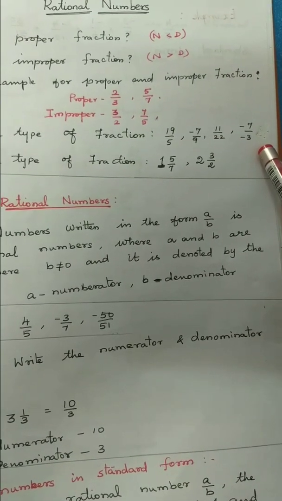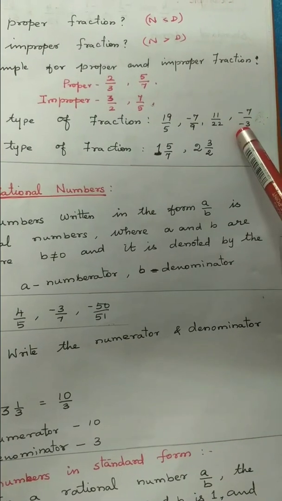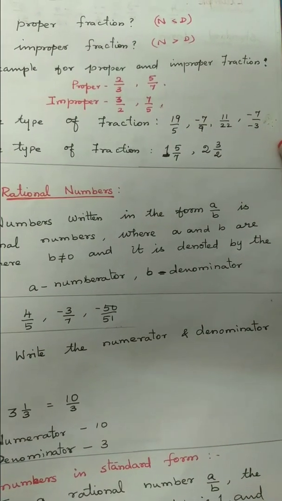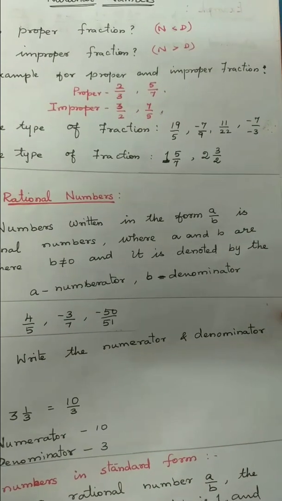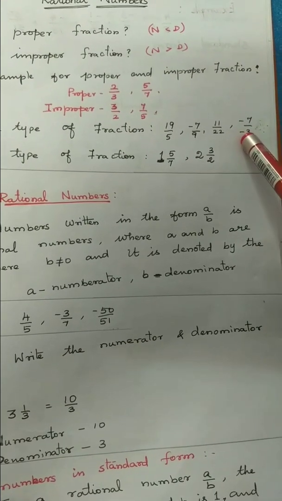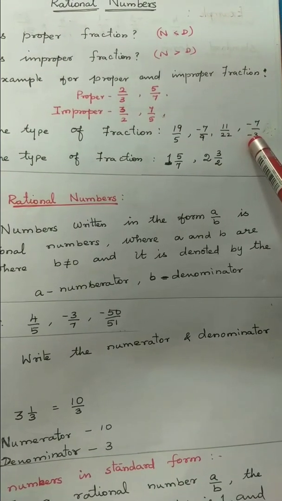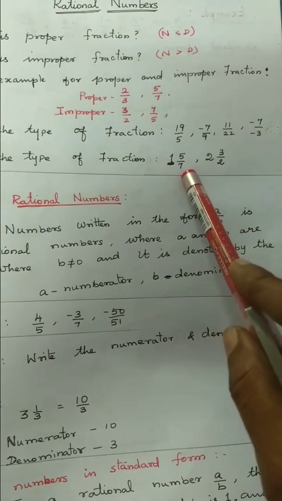Here minus 7 by minus 3. Minus and minus gets cancelled and it will come as 7 by 3. Yes. Here the numerator is greater than denominator. So it is improper fraction. Okay. Then say this type, 1 5 by 7.